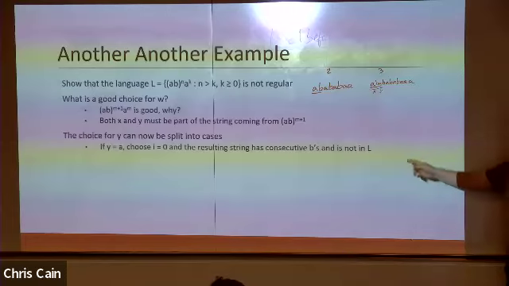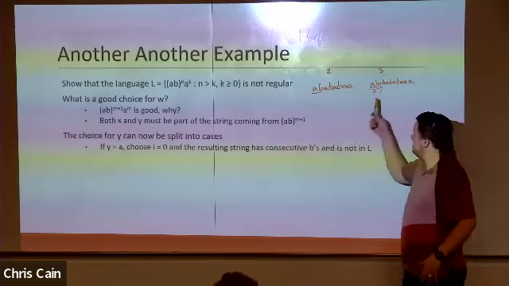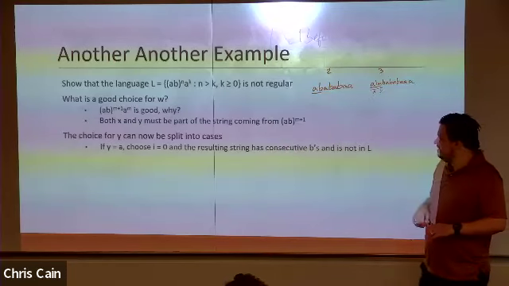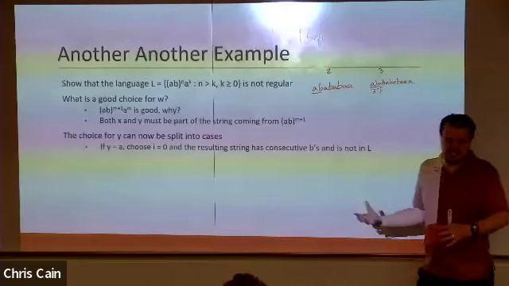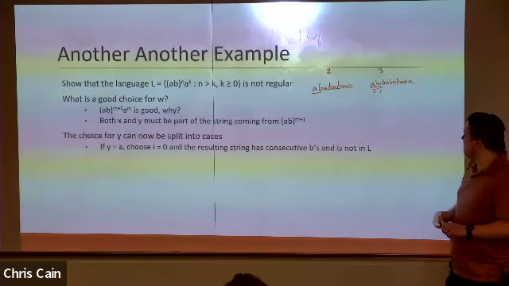Either one of those is not allowed in this language. So if you do something like this, then you need to show in general that wherever this A could be, you need to choose an I that makes it really easy to make a sweeping generalization.